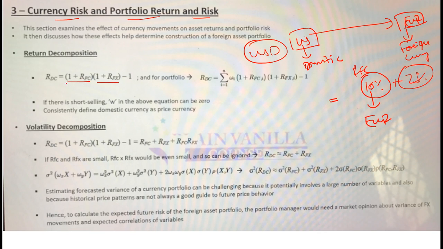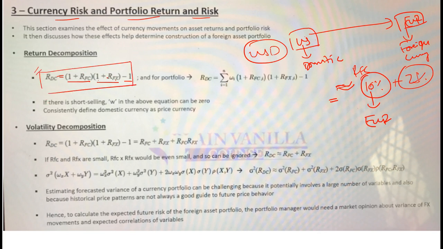You can simply account for it using this formula: 1 plus foreign currency return, multiplied by 1 plus foreign exchange change, minus 1. Or if you just add them, it will give you an approximate answer. So an approximate number can be taken by directly adding the foreign currency return plus FX change, or you can calculate the actual number using this formula, whatever the requirement is.